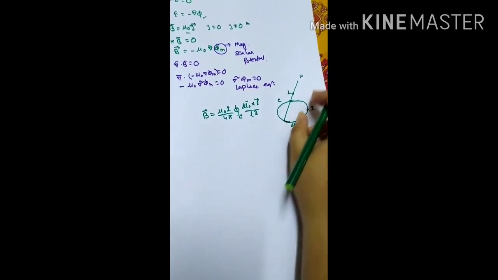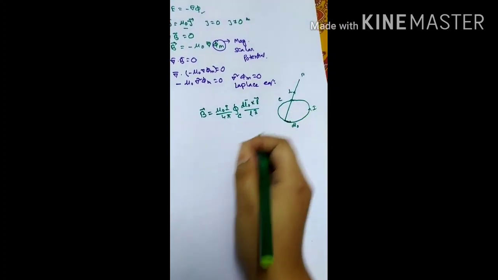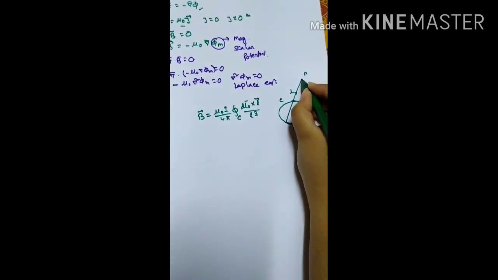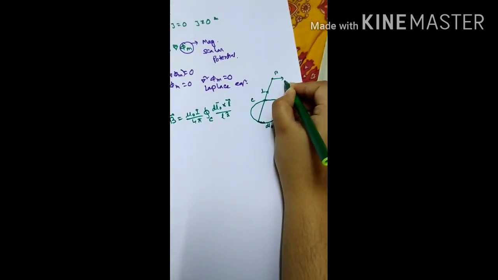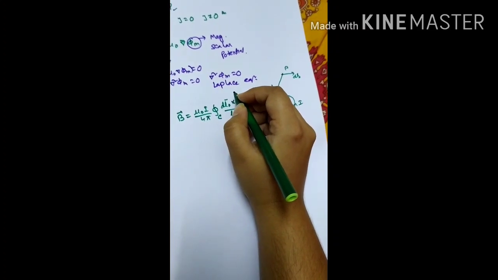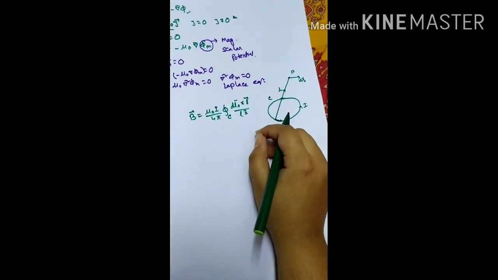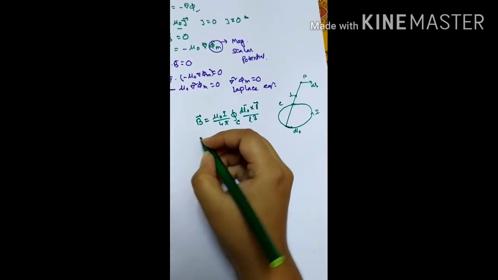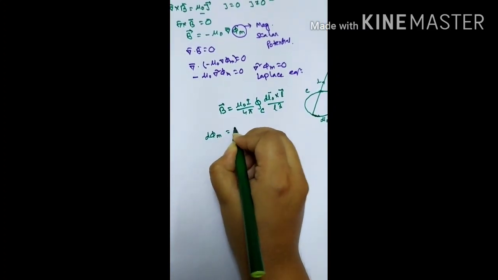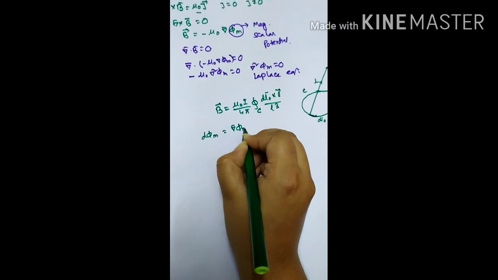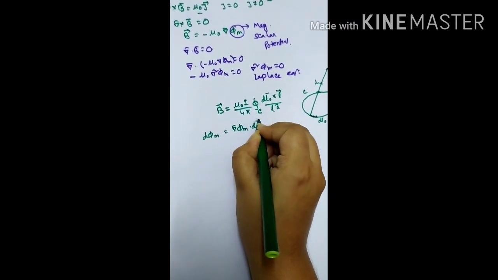This is dl0, the length is L, and this point is P. Now suppose the point P is slightly displaced by ds, then the potential will also change. The change in potential will be d phi m equals grad phi m dot ds.